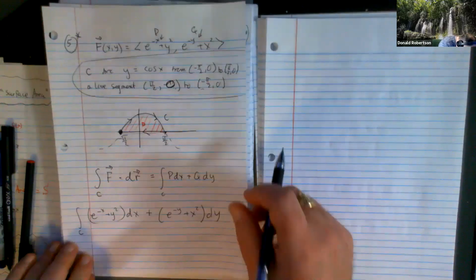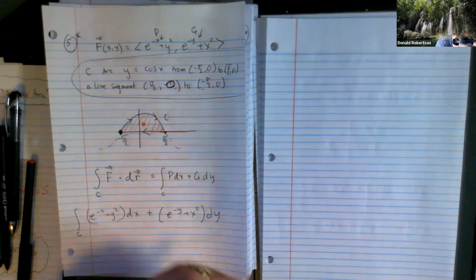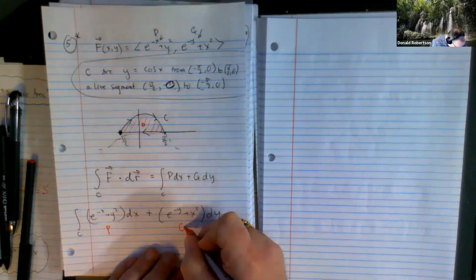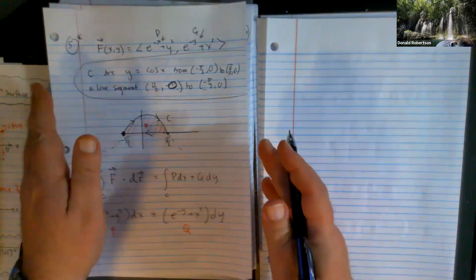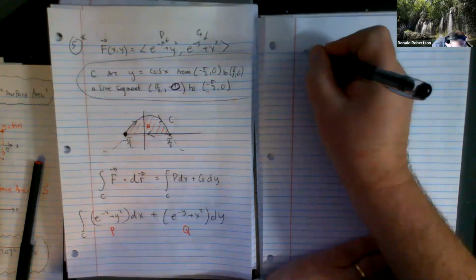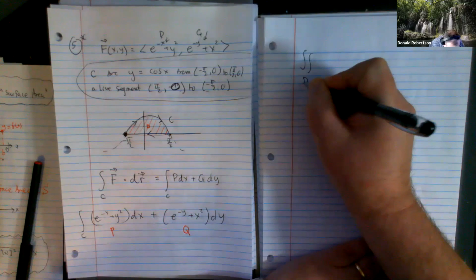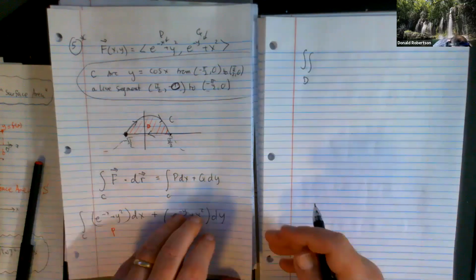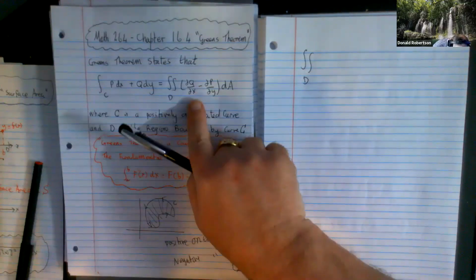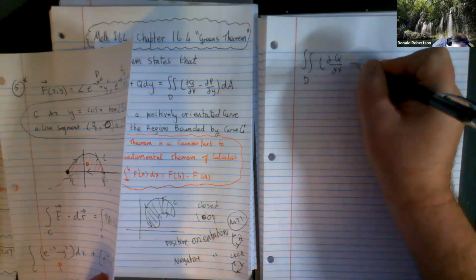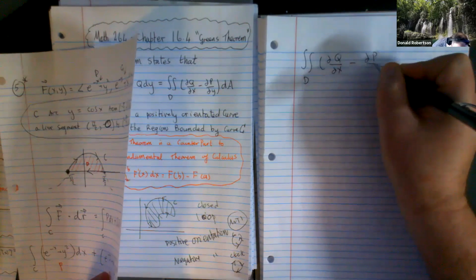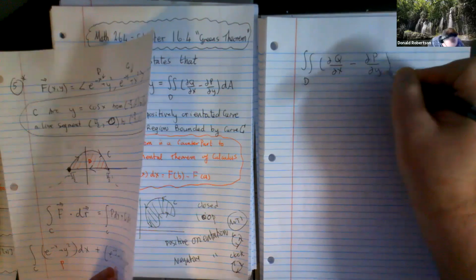So now that I've got all the pieces, I'll call this guy P and I'll call this guy Q. Let's see what the double integral over D would look like. It's this guy: the partial derivative of Q with respect to x, minus the partial derivative of P with respect to y, dA.